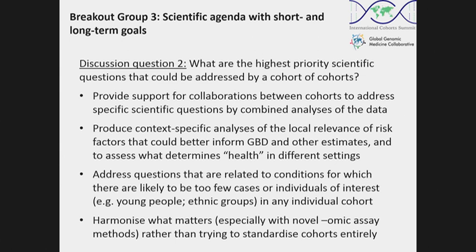Obviously one of the advantages of a cohort is to address questions that are related to conditions for which there are likely to be too few cases. But the point was also made that there are also settings where there may have been too few individuals of interest in any particular cohort. So studies in young people, studies in various ethnic groups, that might be another area where there would be real value.